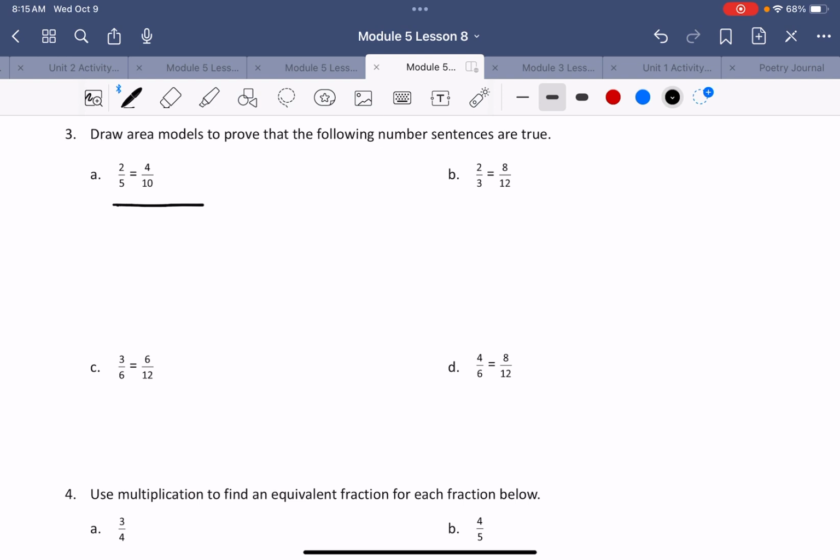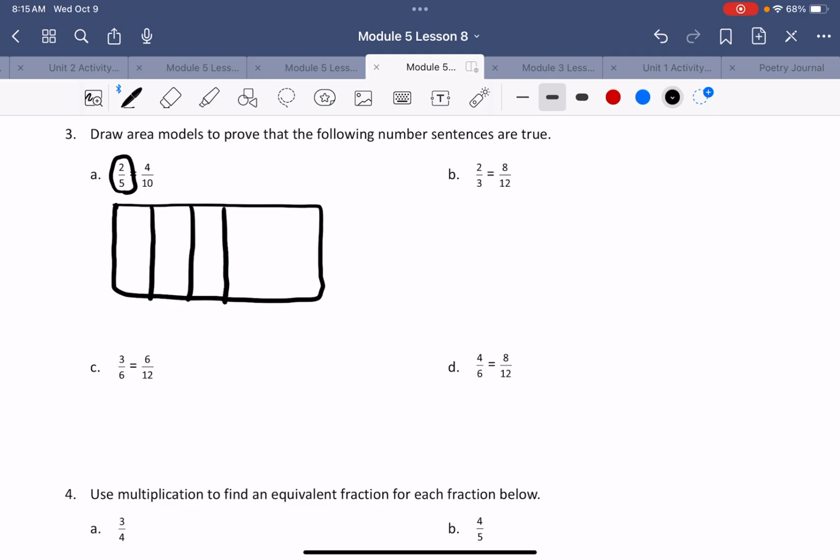Draw an area model to prove the following number sentence is true. So we're going to draw a box, and we're going to use our first fraction, 2/5. So we're going to break it into 5 parts. And we're going to shade in 2 of those 5 parts.